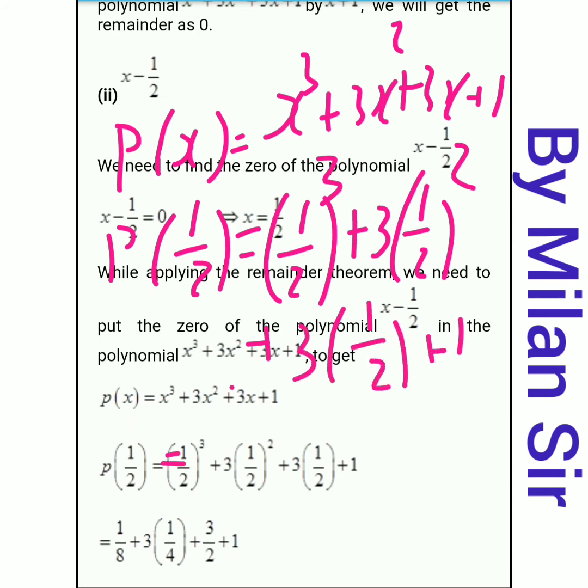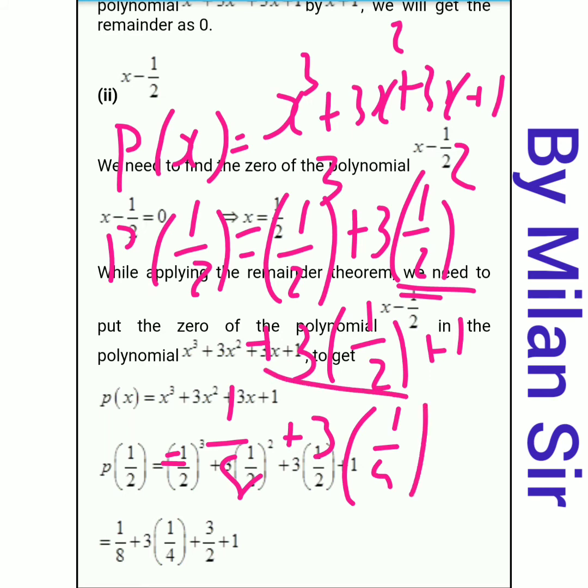Now 1 by 2 cube is 1 by 8, right, 1 cube is 1, 2 cube is 8. Then 3 into 1 by 2 square: 1 square is 1 and the denominator 2 square is 4. Here 3 into 1 by 2 is 3 by 2, plus 1 as it is.